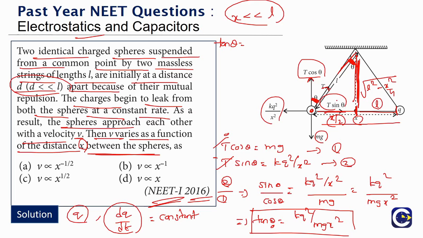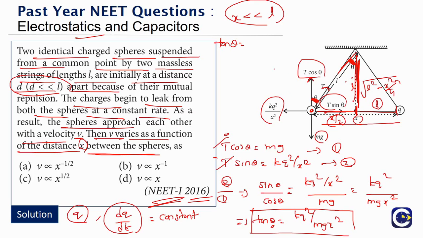Since the D value, the original separation between the spheres, is very small in comparison to L, x also will be very small. So this x square by 4 can be neglected in comparison to L. As a result, we will take the adjacent side value to be almost close to L.